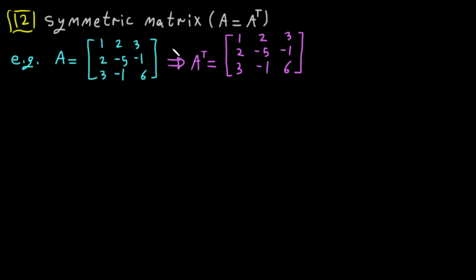Let's compare these two. 1, 1, 2, 2, 3, 3, 2, 2, -5, -5, -1, -1, 3, 3, -1, -1, 6, 6. Since these matrices are equal, or since A equals A transpose, then A is a symmetric matrix.